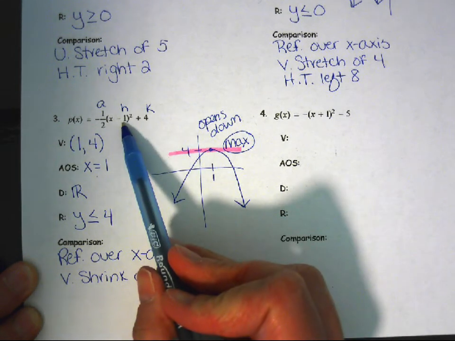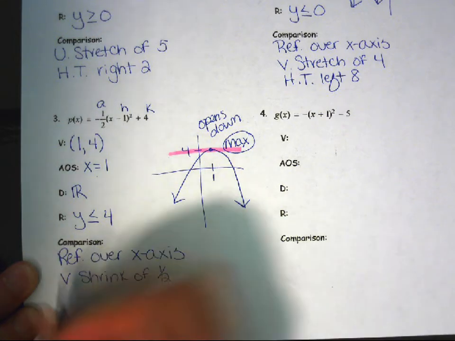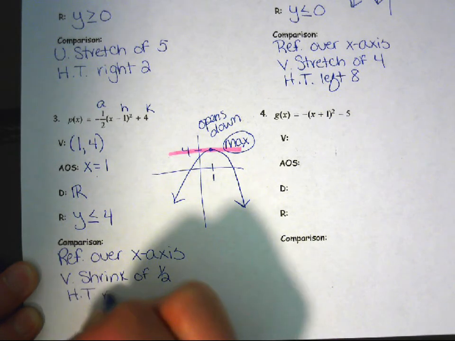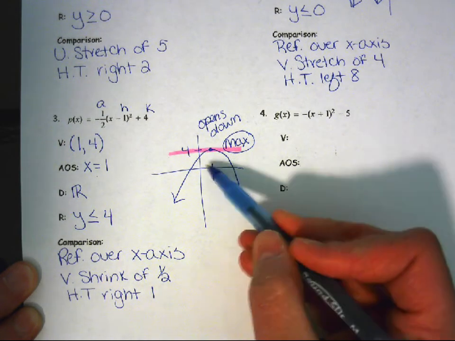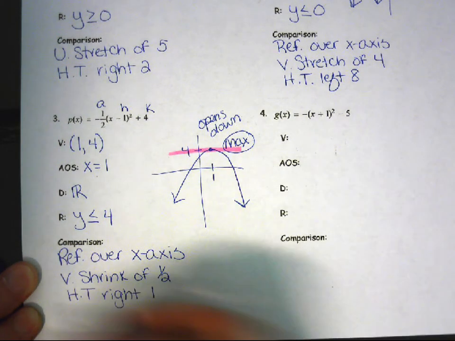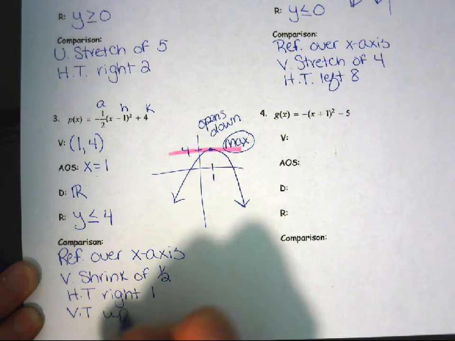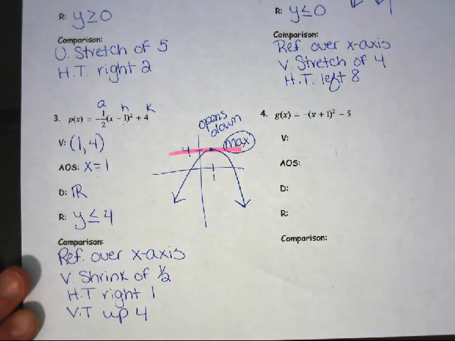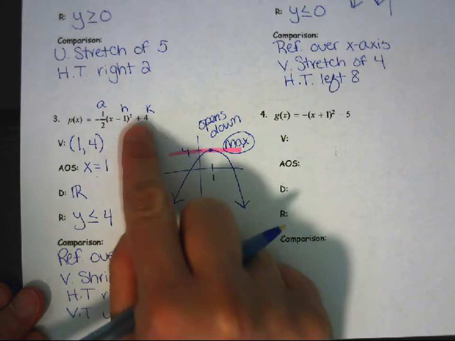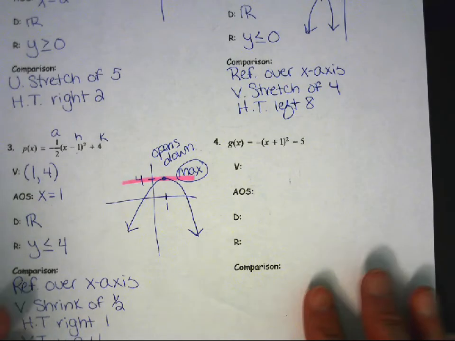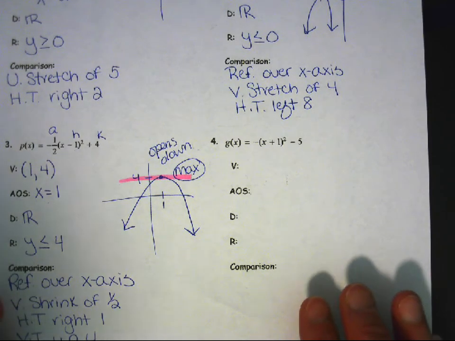Notice this one moved it right, so we're going to say horizontally right 1. And the 4 moved it up, so we're going to say vertically up 4. Okay? Definitely, if you didn't try that one on your own, because I know that K was a little new, go ahead and pause the video here and try number 4.